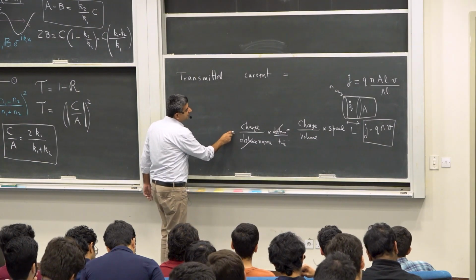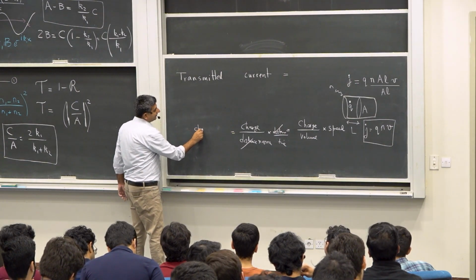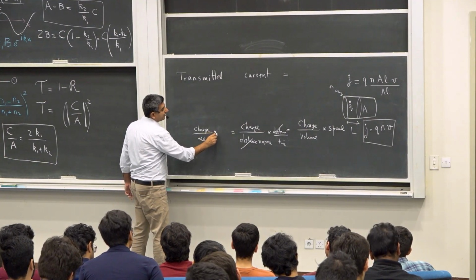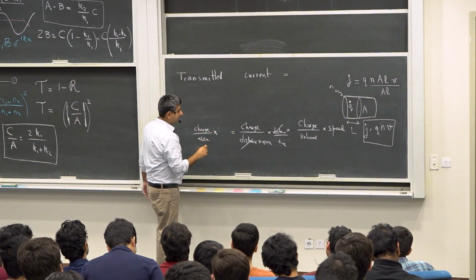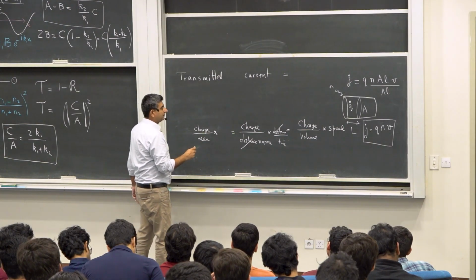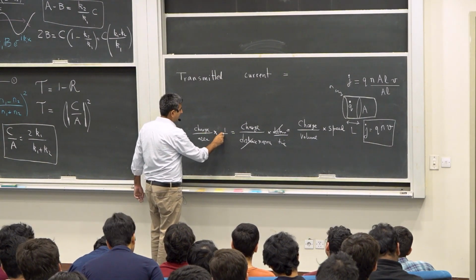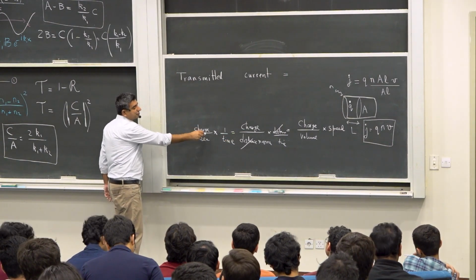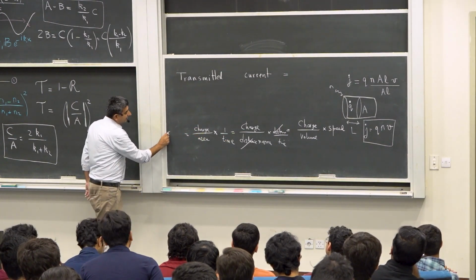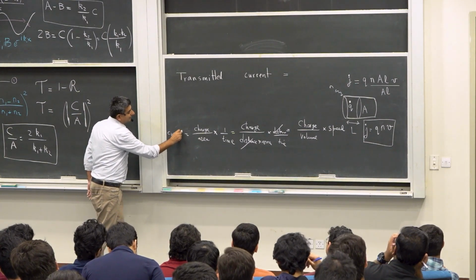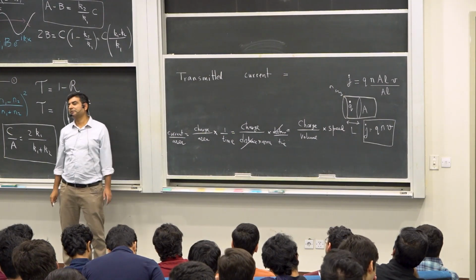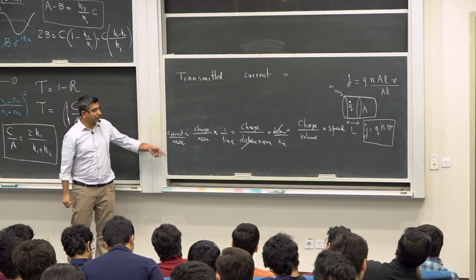This is charge per unit area into one over time. Charge over time is current. So this is current per unit area. Okay, so this is our formula. The current per unit area is this.